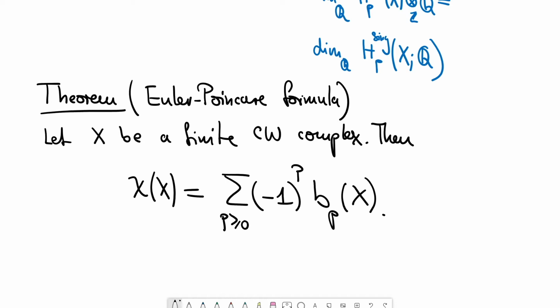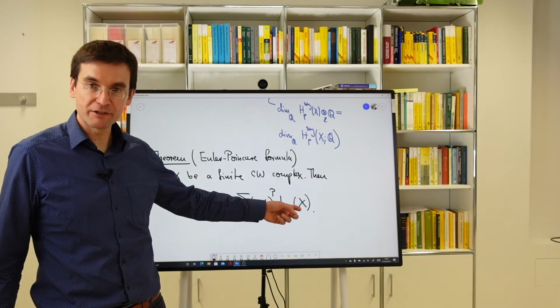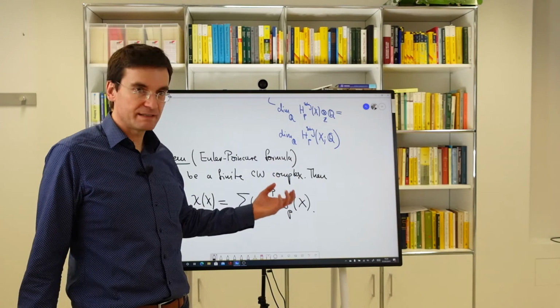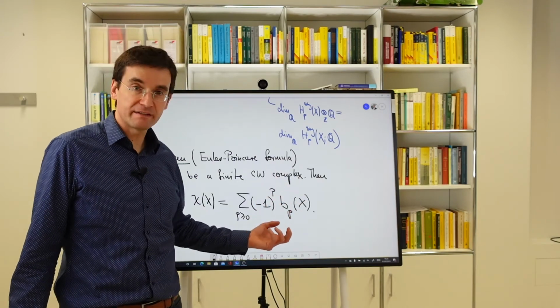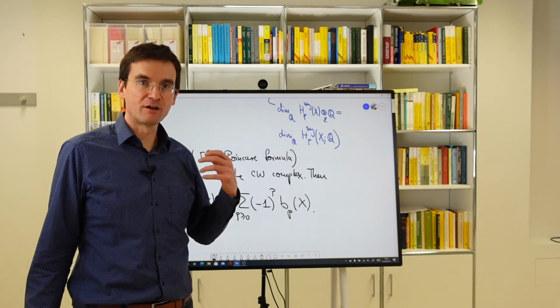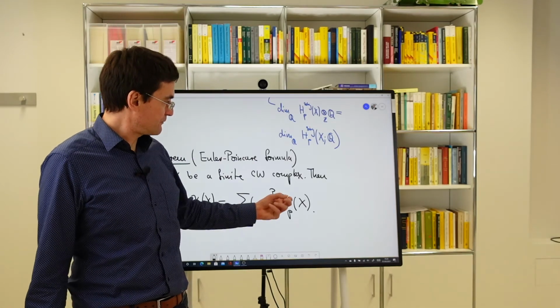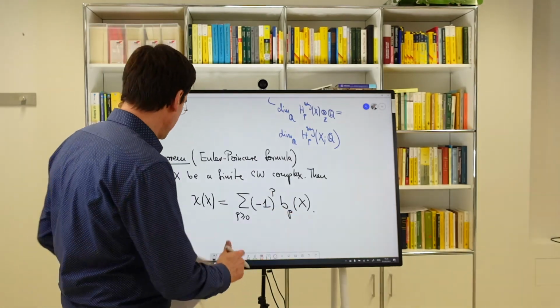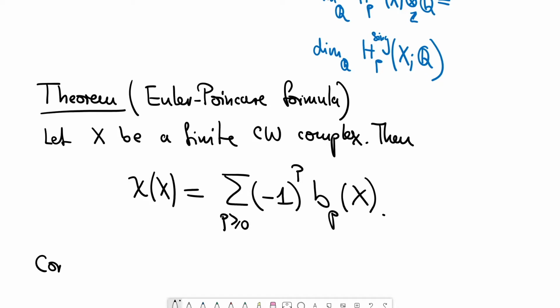On the right-hand side, this is an invariant of the homology, and therefore really a topological invariant of the space. Even more than that, homology is a homotopy invariant. So from that formula, we immediately get the consequence that the Euler characteristic is a homotopy invariant.